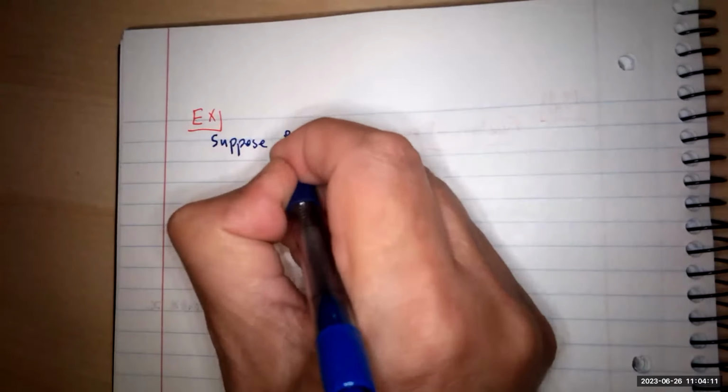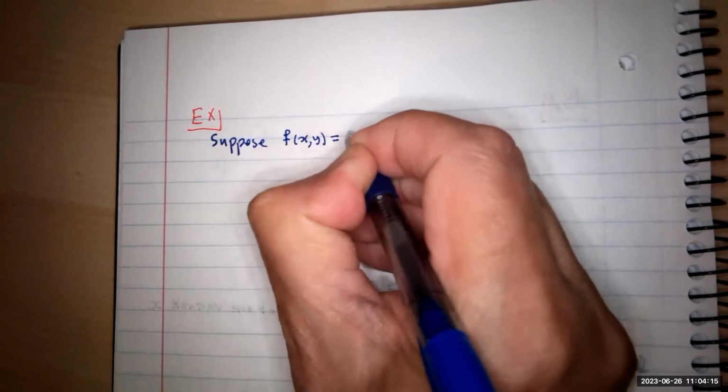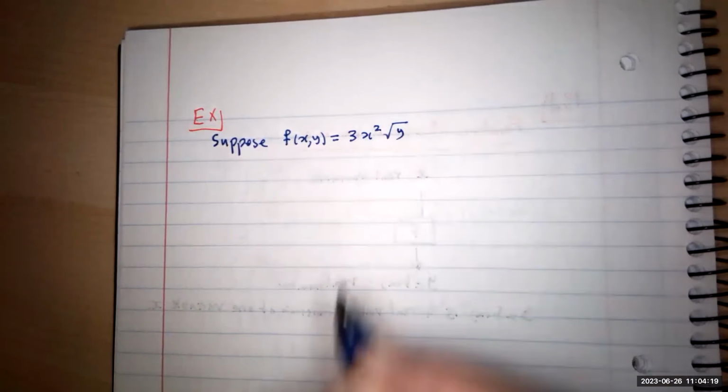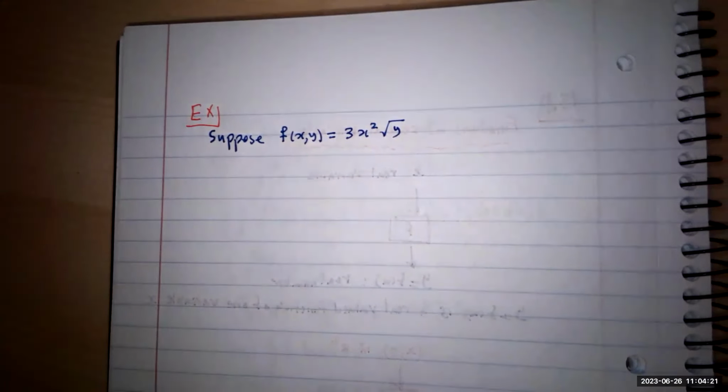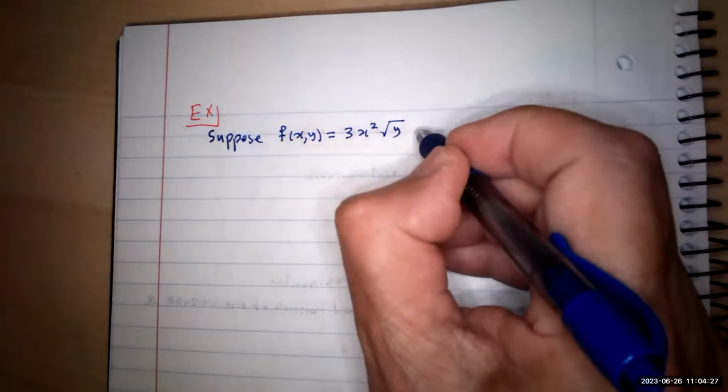For example, I pick this function. Suppose your function is f of x comma y, which is equal to 3x squared radical y. This is a function of 2 variables. The result is a number. Then, for example, they ask you to find the following.